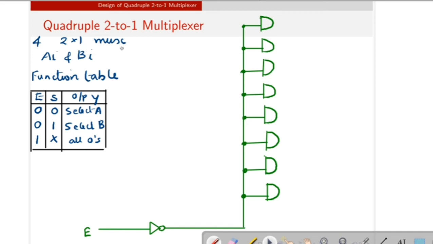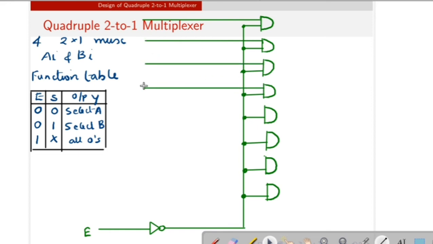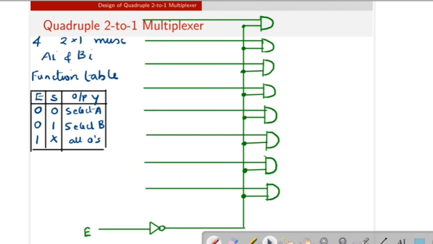Each 2x1 multiplexer receives the inputs AI and BI. So next we give the inputs A1 B1, A2 B2, A3 B3, and A4 B4 to the AND gates. So mark the inputs.